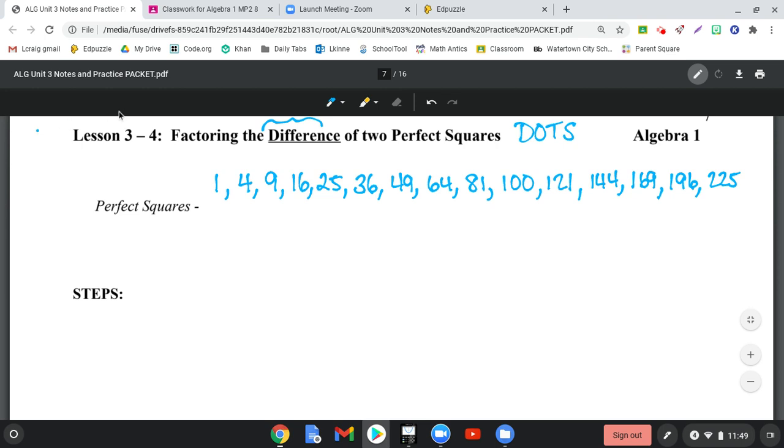As far as the numbers go, you want to be looking for perfect squares with these. These are all perfect squares. And then for the variables, you're looking for even exponents.